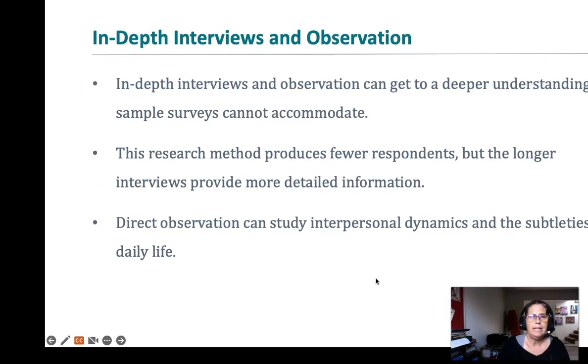We can also do some in-depth interviews and observation. And this is fun because it's a time for the researcher to sit and have a one-on-one conversation, maybe get a little bit further information rather than just a survey answer.